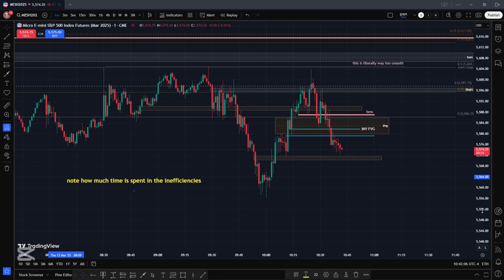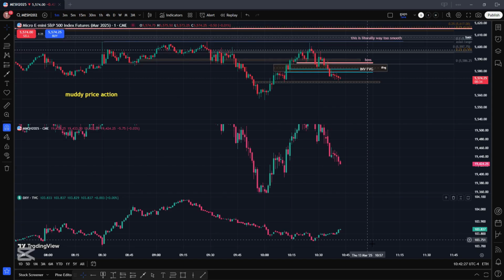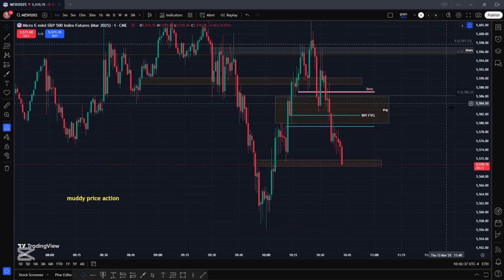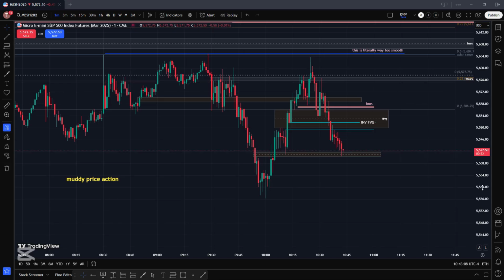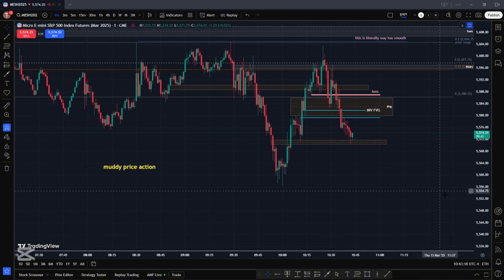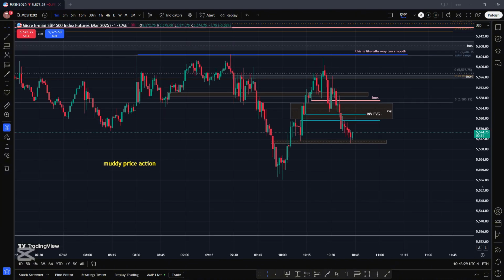Yeah, so that fair value gap that I just extended, I want to see it act as a reclaim CB, use it to send price lower. And as you can see from the CB, where is price currently trading at?